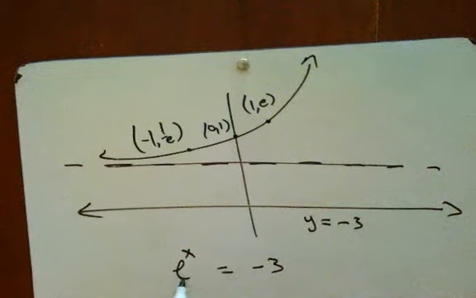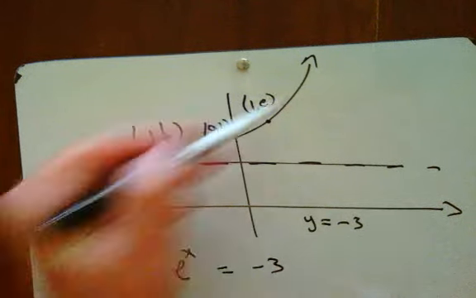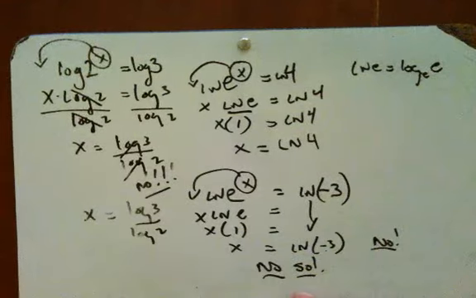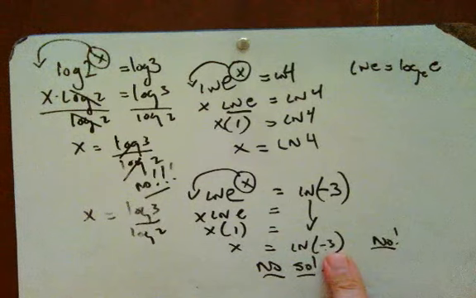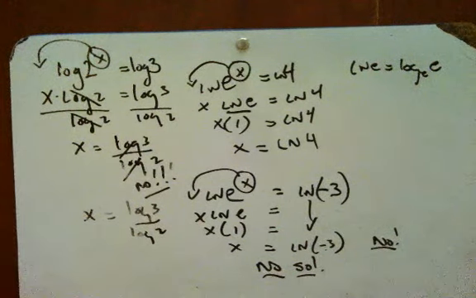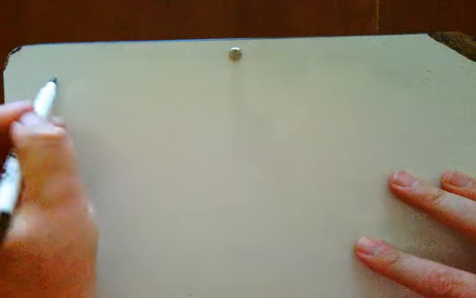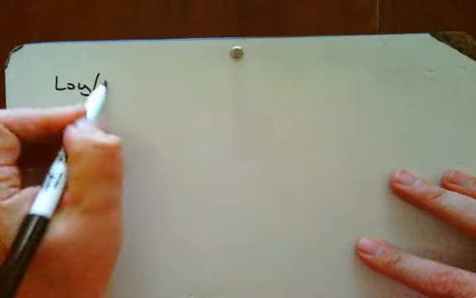When does this graph intersect the line y = -3? That's what I see when I see this equation. Well, this graph never intersects that line. There's no point of intersection, and we're able to see that algebraically when we're trying to take the ln of a negative. Remember, you can't take the ln of a negative or of 0.